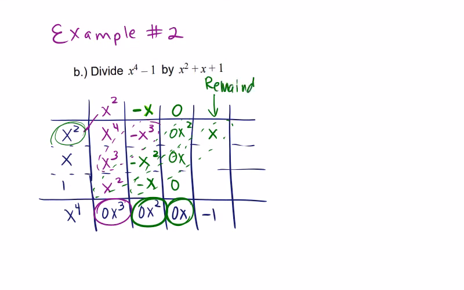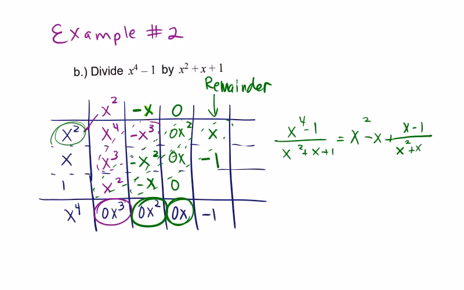Now we still need the constant. We have 0, so that means we need negative 1, and that becomes our remainder. So this gets us x to the fourth minus 1 divided by x squared plus x plus 1 would get us an answer of x squared minus x plus a remainder of x minus 1 over x squared plus x plus 1.